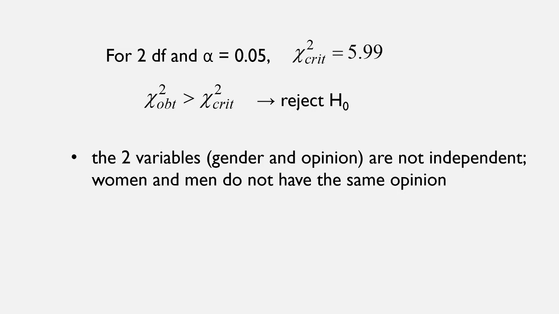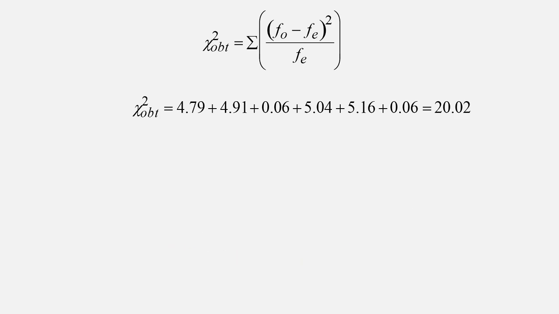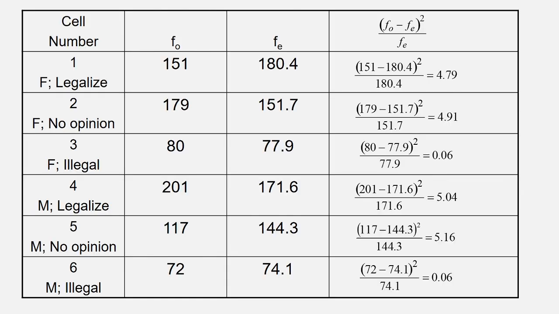So what you want to do is you need to think about how gender is impacting opinion breakdown. And again, you can revisit the actual obtained data and figure out which one of these cells represents the greatest deviation of observed to expected. Right?